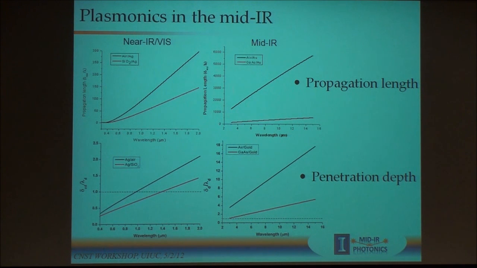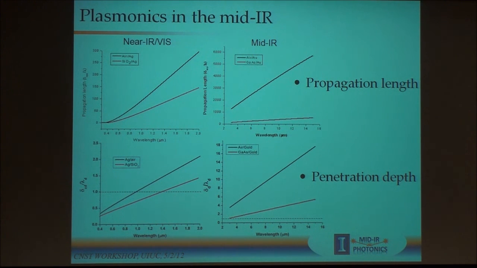So then it's not surprising that you have these long propagation lengths, because effectively your mode is loosely bound and very little of your mode interacts with the metal. Good propagation length, but of course if you want to enhance your interaction with something at the surface of your structure, this penetration depth is not very good.